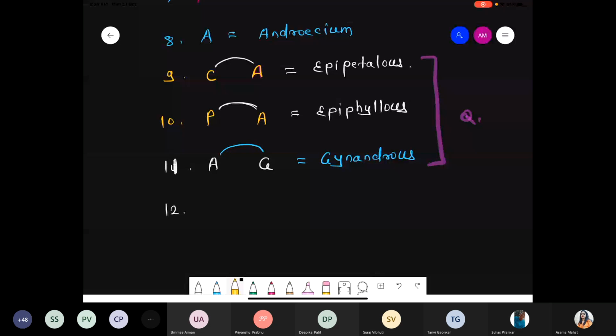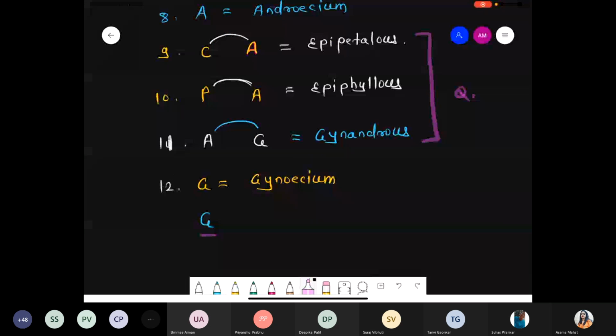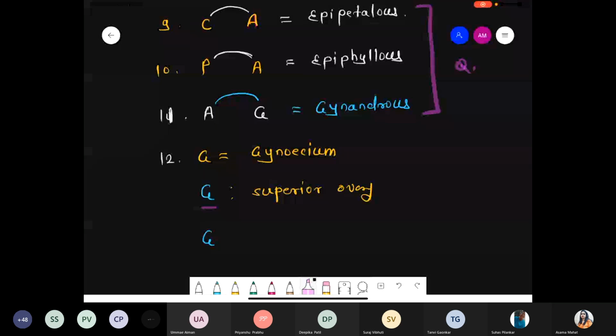Suppose capital G is present and a bar is present below the G, such a condition represents a superior ovary, which is present in a true fruit. Suppose capital G is present and the bar is present above, such a condition represents the inferior ovary.